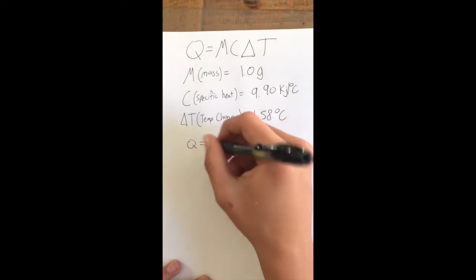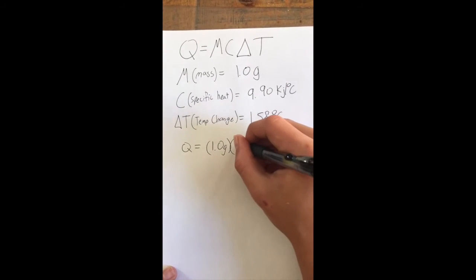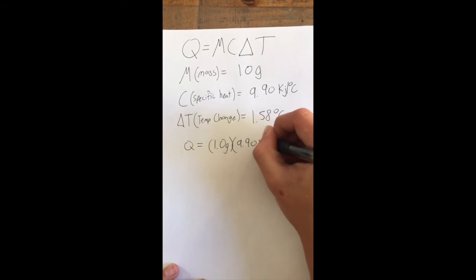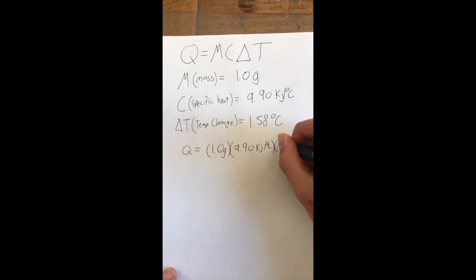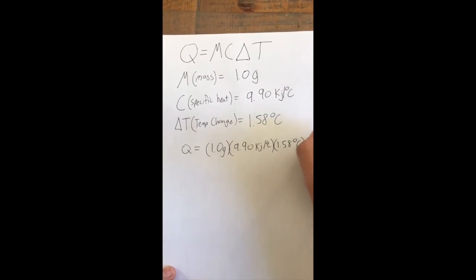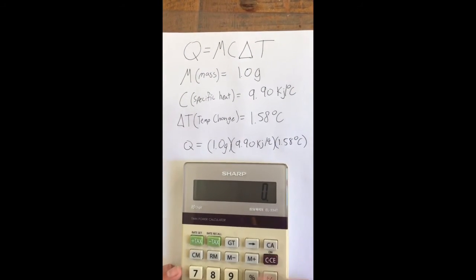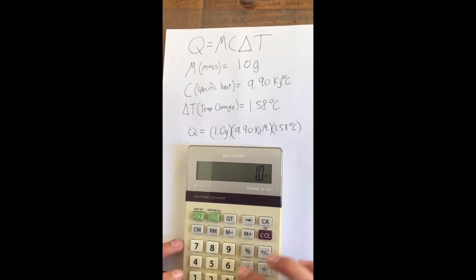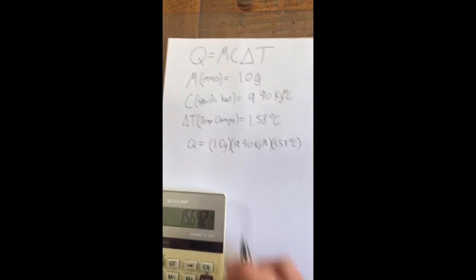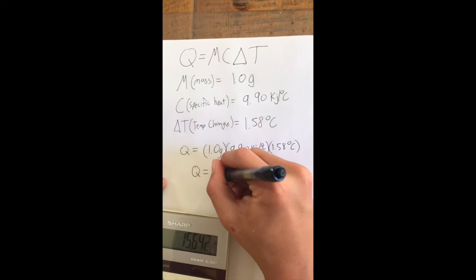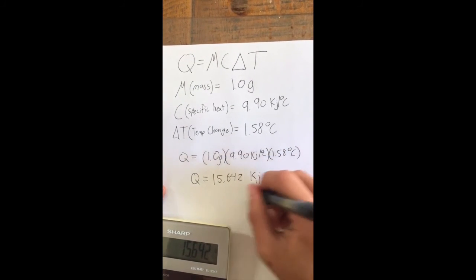With this, we can plug all these values into the equation Q equals mcΔT. When you plug in all these values, we get the value of 15.642 kilojoules.